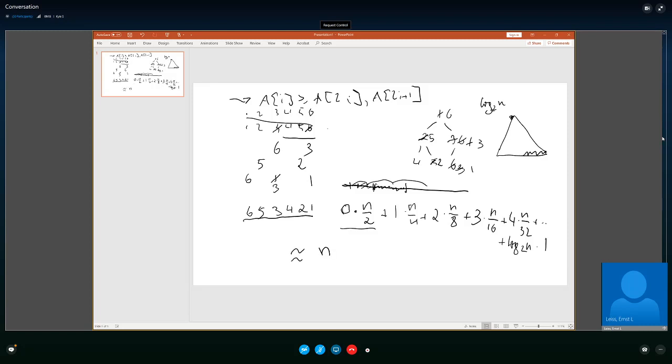This is nothing. This is a quarter. This is another quarter, so this is 1/2. And the remaining is less than 1/2 of n. So altogether, we need at most n flips, fewer than n flips, which, since each flip is order of 1, we're now talking about requiring order of n time for the purpose of constructing a heap.